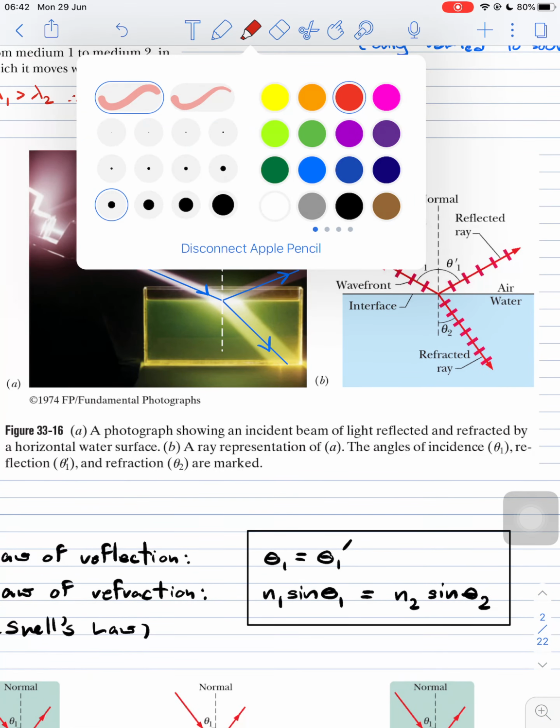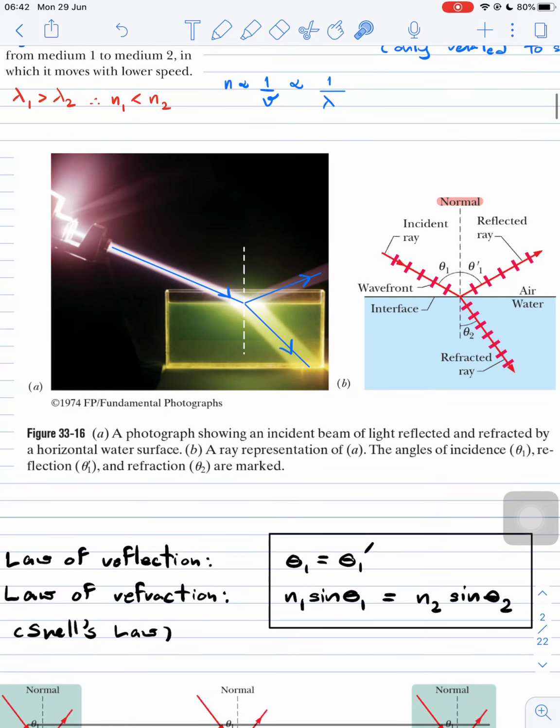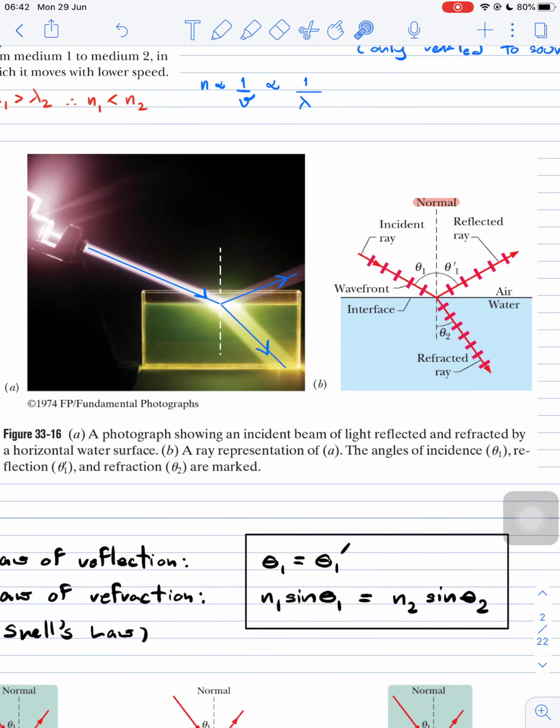The word normal in this meaning just means perpendicular to the interface. It is a virtual line perpendicular to this interface here. Then we have the incident light coming from this direction and hitting this point on the interface, right?